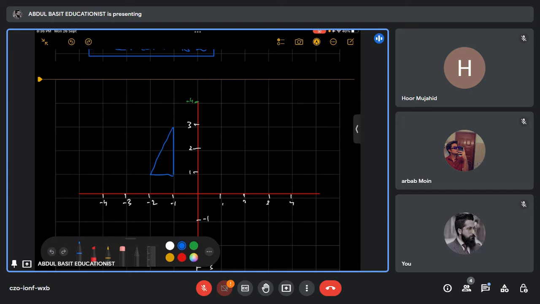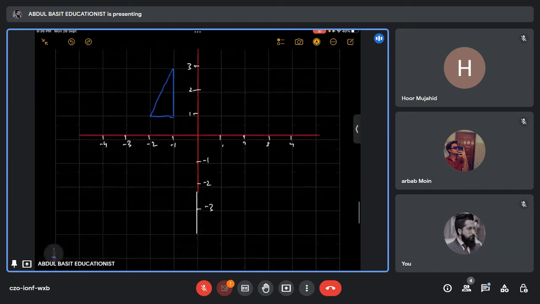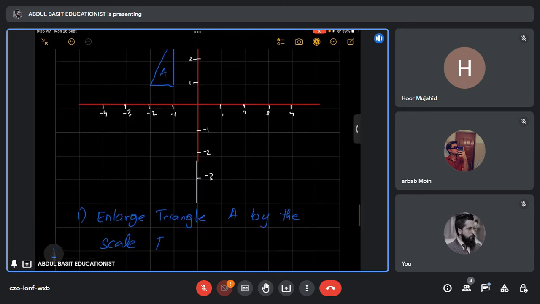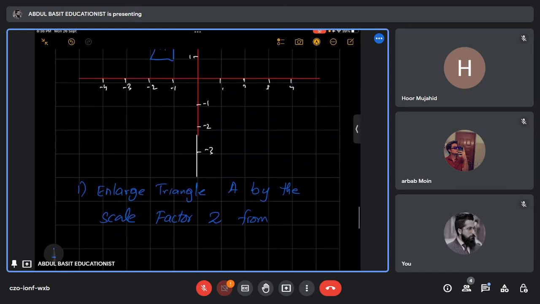It's a triangle right in front of you, and they say: enlarge triangle A by the scale factor 2 from the center x is -3 and y is 0.